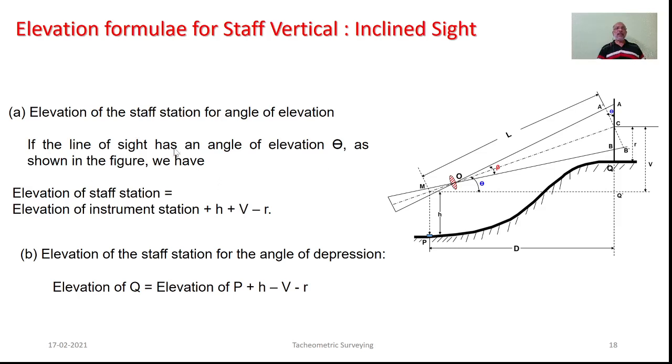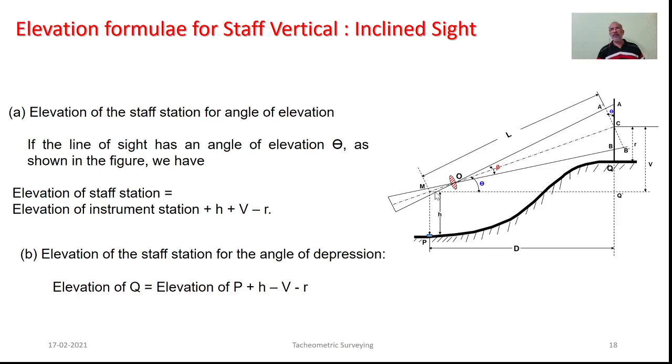So as we determine the capital D and capital V, by making use of V, we can determine the reduced level of station Q. With reference to this particular station, as the instrument is set on station P, here we can measure this small h.